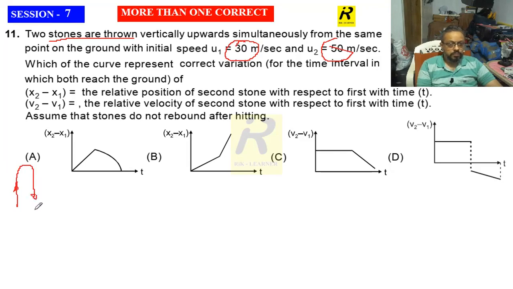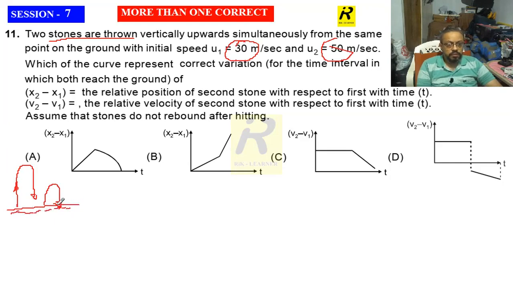But what happens is, by the time the two stones are thrown up, one stone reaches the ground quickly, whereas the other stone still may be in the air. So this may be the situation.